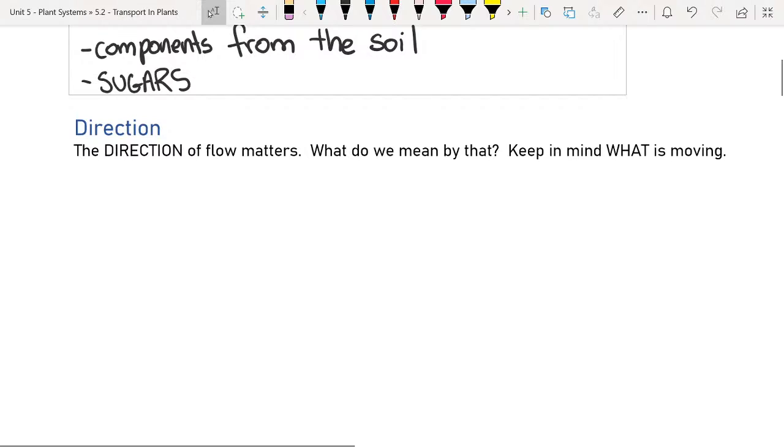Now, direction matters. Direction matters because keep in mind, what is it, for the most part, that is flowing? What is actually moving through the plant? Well, in your body, how do we transport stuff?